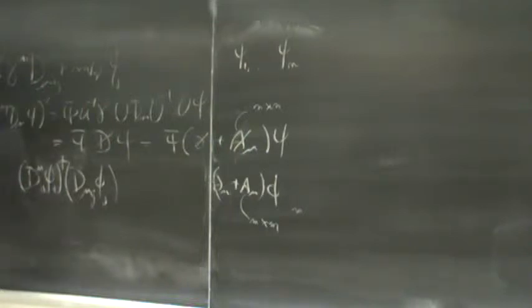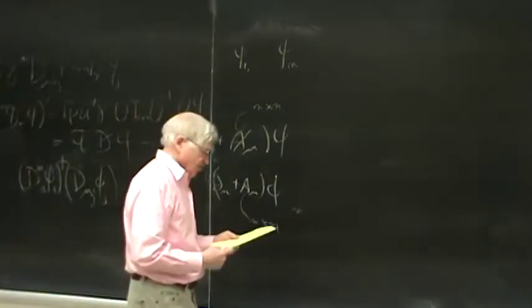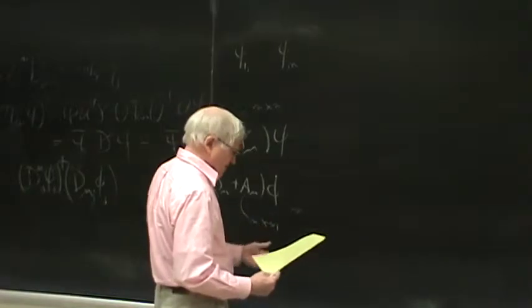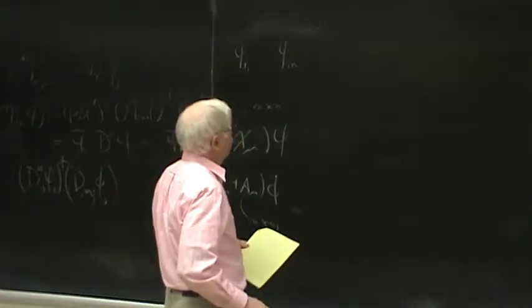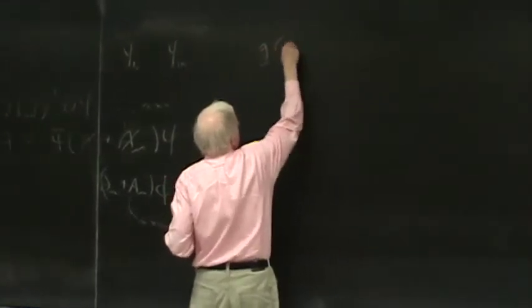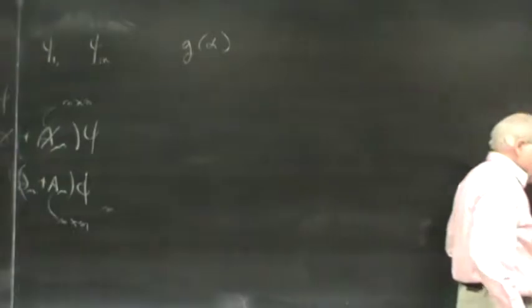Now let's see. Let me review something about the basics of Lie groups. This is something I do when I teach group theory, the second semester of the math methods course. What we've got is, let us say, a group, and we have some parameterization of the group with some parameters alpha.